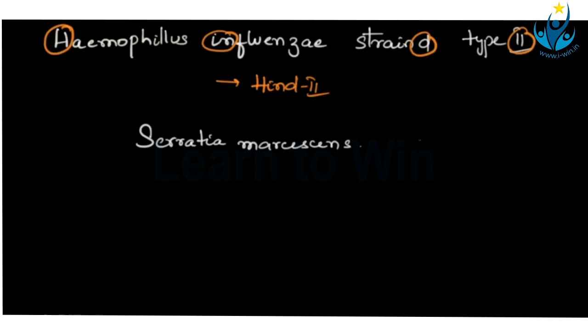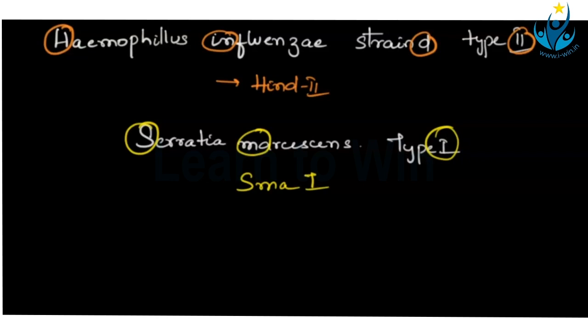Okay, there is no strain, but we are giving the type. Now what happens here? Because there is no strain, you're going to just take SMA. Because there is no strain, the fourth letter will be empty, and you'll just take the type 1. Okay, another one. I'm finding this very interesting, right? I hope you're also feeling interested.